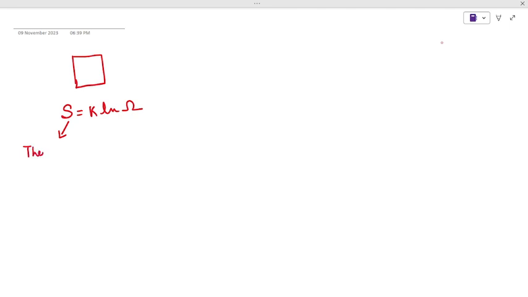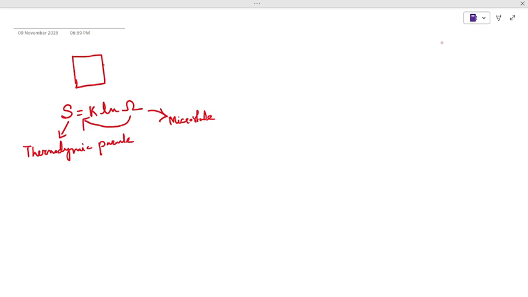This is the thermodynamic parameter. S is the thermodynamic parameter. And this is the microstate. This is the statistical term, the number of microstates. So this is the connection between thermodynamics and statistics.